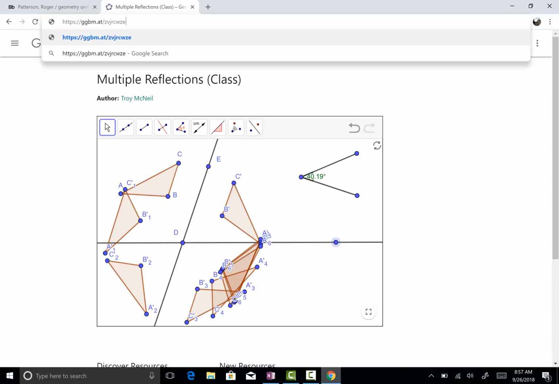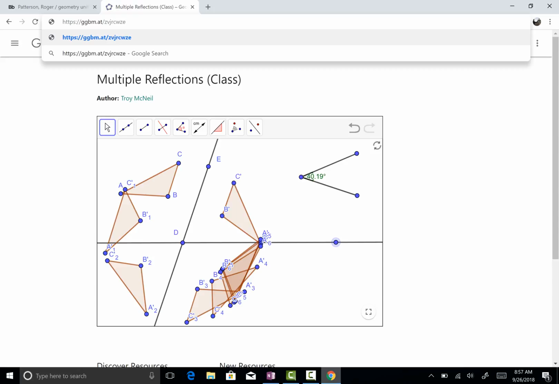That's what I got. And I'll write it up here again. This is the one you guys are going to do. Same thing, except instead of two intersecting lines, they're going to be two parallel lines.